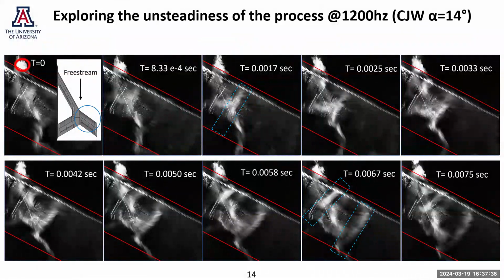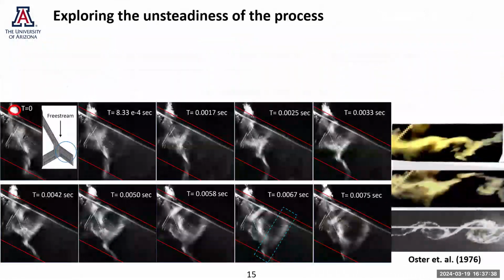Now, from a different vantage point, these resemble Kelvin-Helmholtz type vortices. Those were forced KH vortices on a forced free shear layer in a 2D mixing layer.